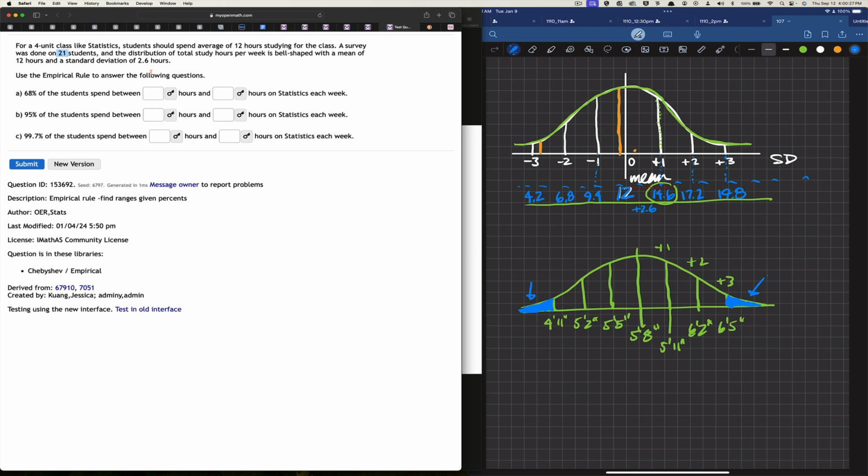So these are areas, and this would be some tiny percentage, and this would be some tiny percentage, but they would be equal or approximately equal.